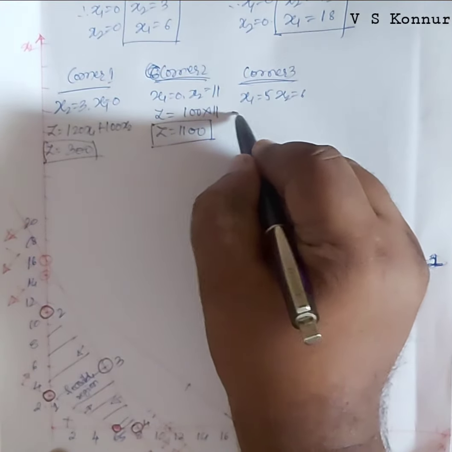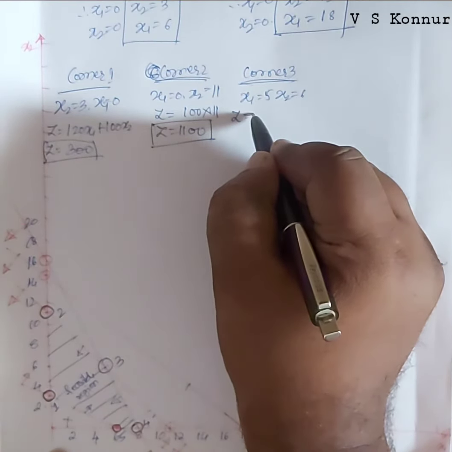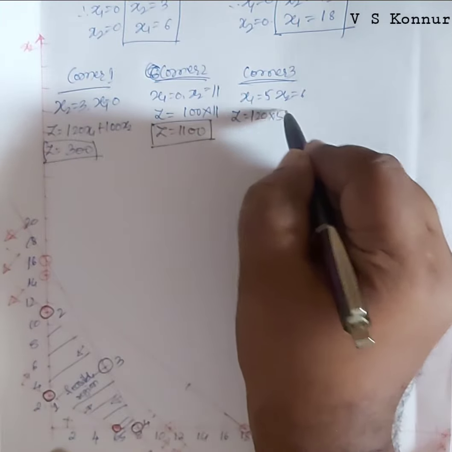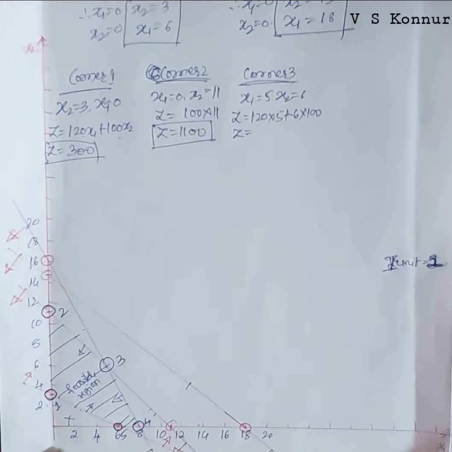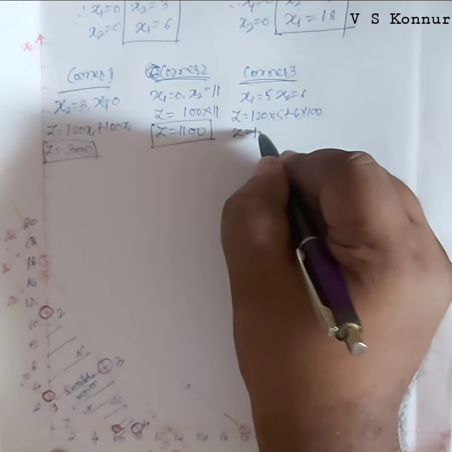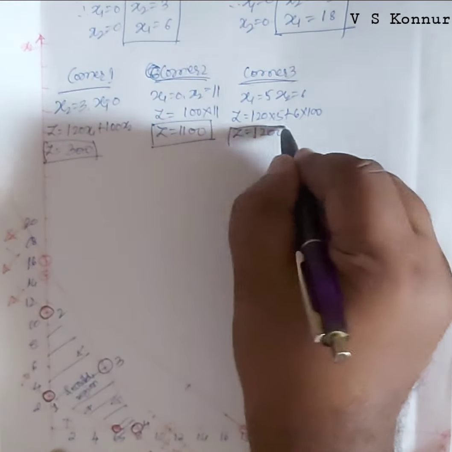So put the value: z is equal to 120 into 5 plus 6 into 100. So z is equal to 1200. You can cross check.